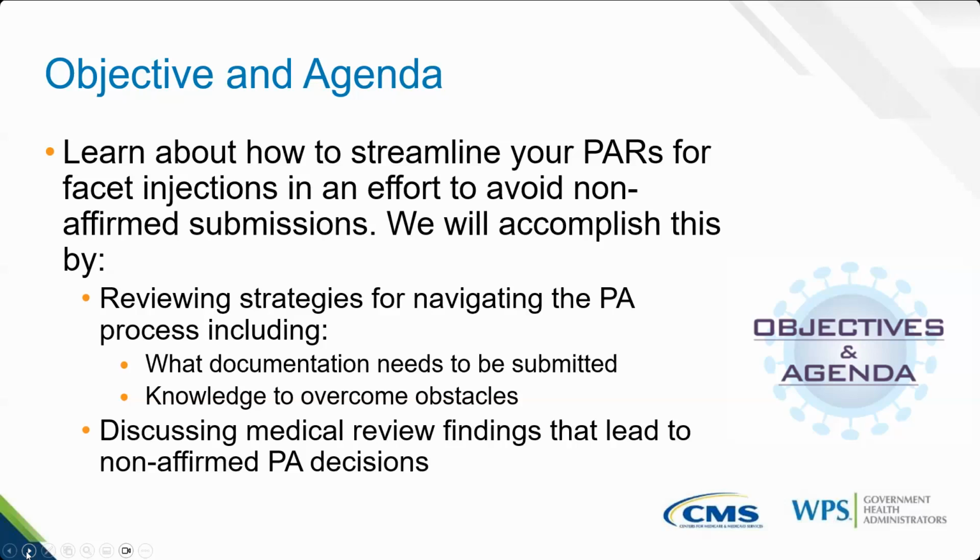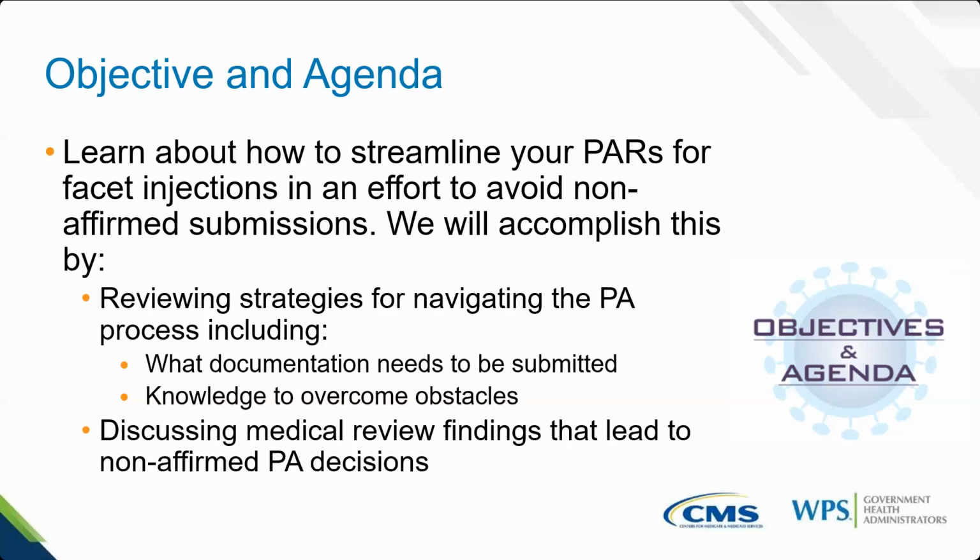By using these live documentation examples, I want to show you how documentation can sometimes lead to non-affirmed prior authorization requests, or can even lead to requests being affirmed on the very first request.